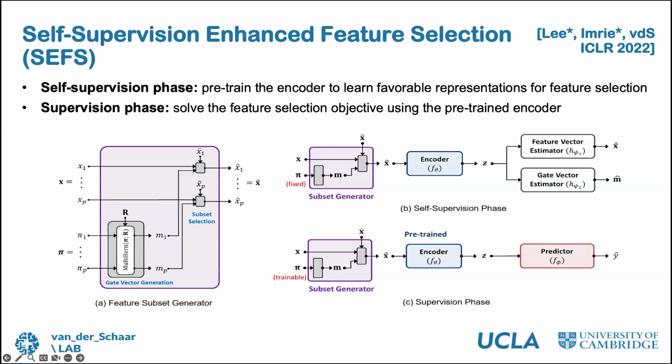In the first, we follow a similar procedure that I described for VIME and pre-train this encoder network in a self-supervised manner to learn representations that are favorable for feature selection. And then we use this pre-trained encoder in order to select features that are most predictive of our target outcome.